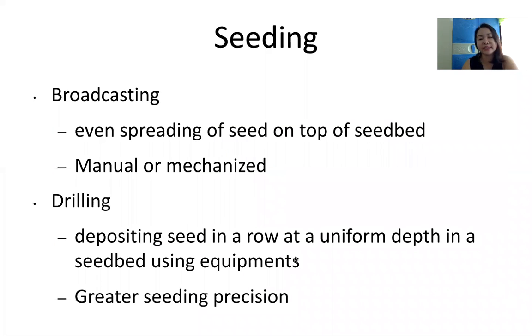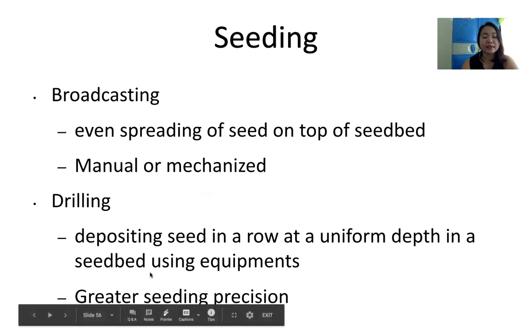When we say seeding, one is broadcasting, wherein there is an even spreading of seed on top of the seed bed. It can be done manually or mechanized. Another way is drilling, wherein seed is deposited in a row at a uniform depth in a seed bed using equipment. And using this, there's greater seeding precision.